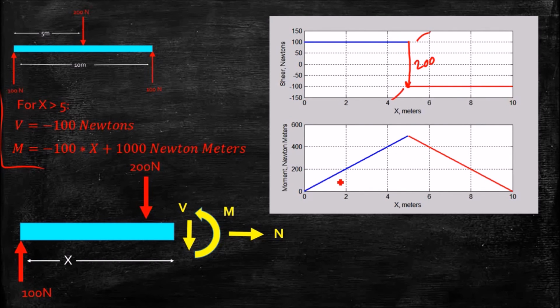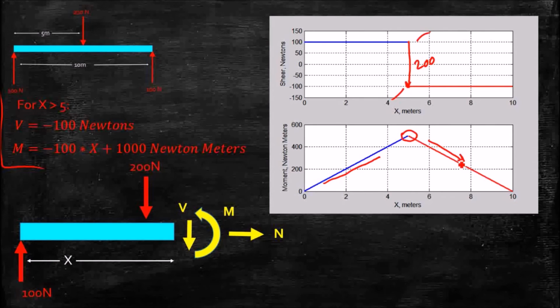Our moment, where the shear was positive and constant, had a positive constant slope of 100. Once we cross that discontinuity, there's a discontinuity in the slope, but not in the actual value. It now has a negative slope of negative 100 newtons per meter.